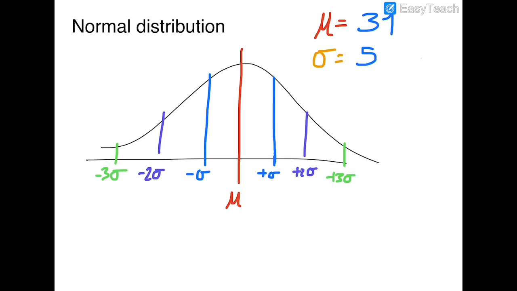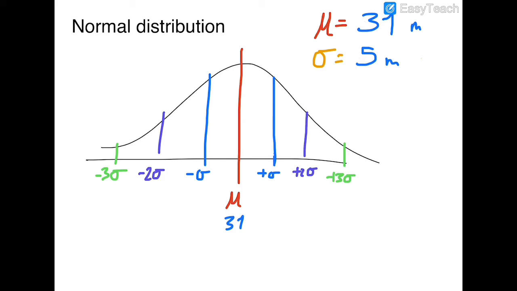When they ask for a sketch, what is important is that we set the mean. In this case, we're not going to write the mu, we're going to write 31, right? And we take into account how much the standard deviation is. In this case, it's 5 minutes.